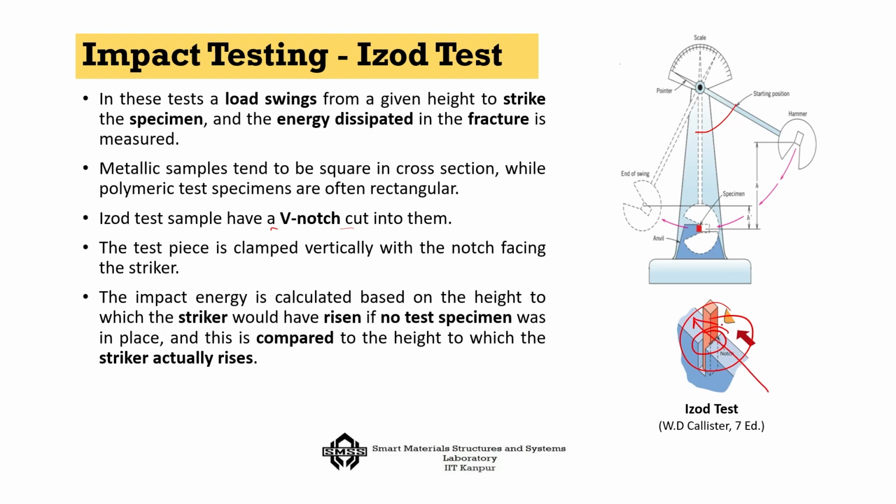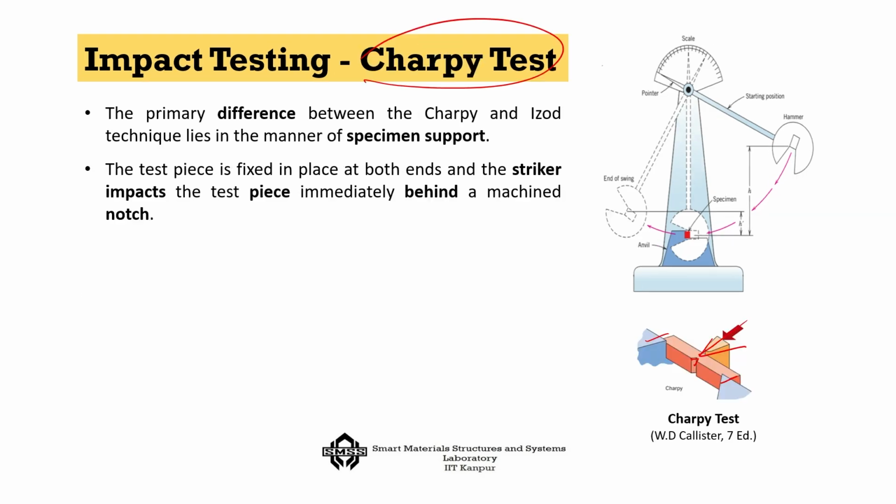So, this is the difference between the Charpy and the Izod test, but both of them essentially measure how much of impact, or in a way what is the toughness of a material. Now, the Charpy test is generally used for polymeric materials, whereas the Izod test is generally used for metallic systems.